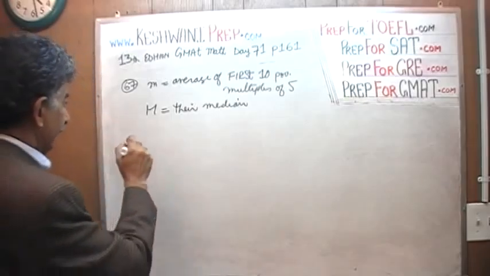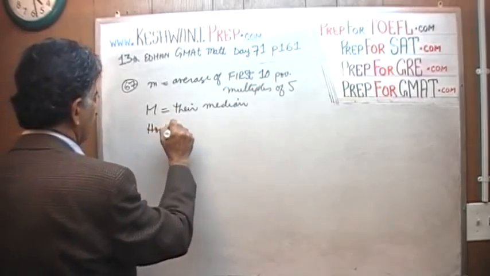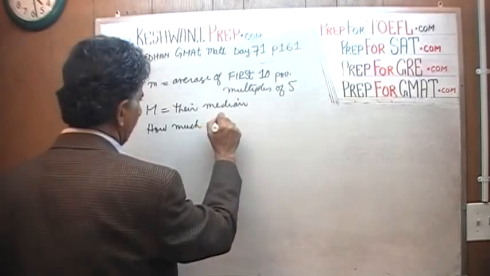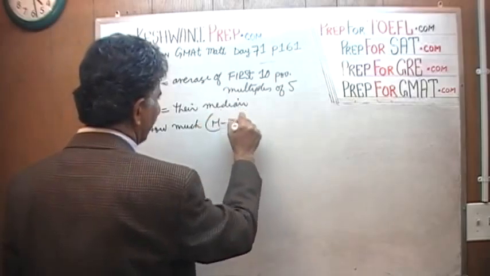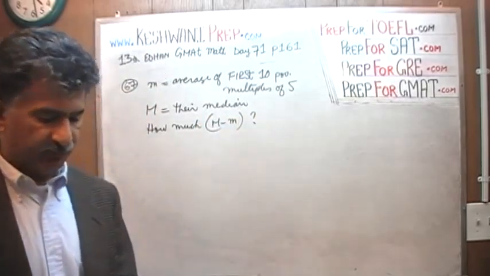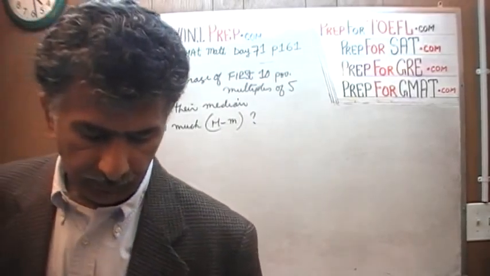Oh, what a mouthful. And the question is again very straightforward. How much is M minus m? Capital M minus small m. In other words, what's the difference between their median and their mean?